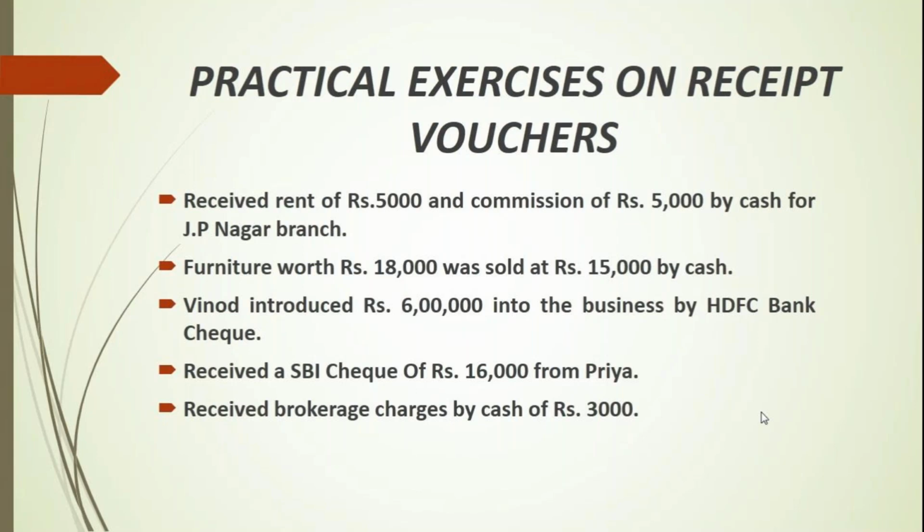Since I'm receiving payment from Priya, probably on account of sales of goods or services worth 16,000, if I have to create the ledger for Priya, I have to create it under the group of sundry debtors.